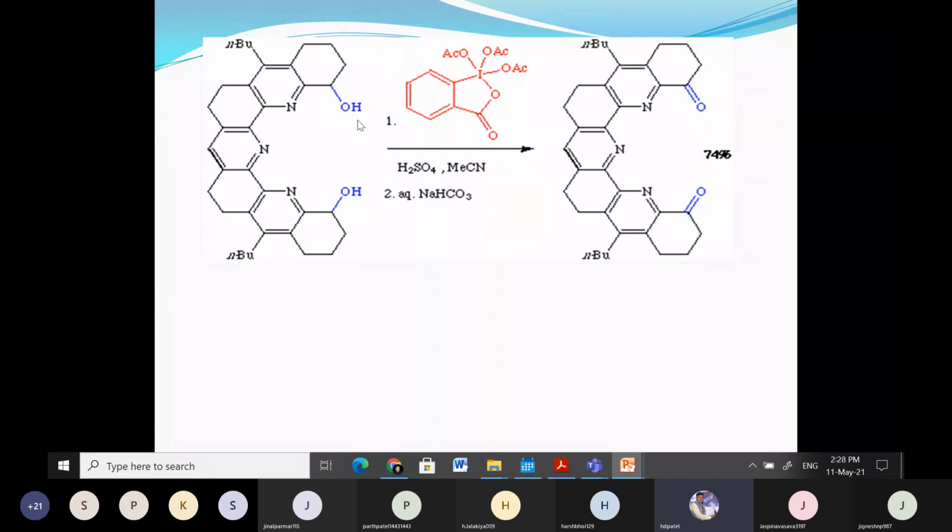So by oxidation using DMP, we will get the ketone. Why ketone? Because this OH is secondary in nature. So looking at these reactions, one thing is very clear: if you have a primary alcohol, then you will get an aldehyde, but if you have a secondary alcohol, then you will get a ketone.